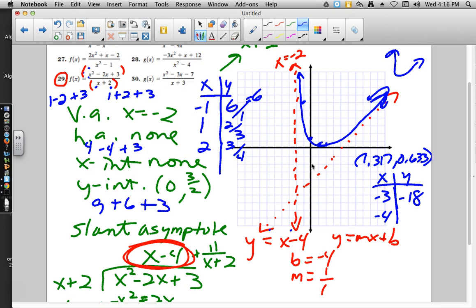So yeah, that's considerably below what we have graphed here, probably somewhere around there. Putting a negative 4 in, we would get 16 plus 8 plus 3, so 27, and then negative 4 plus 2 is negative 2, so negative 27 halves. So negative 13 and a half. So now we know where this is going to go.